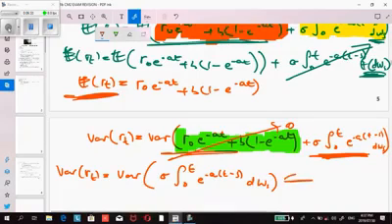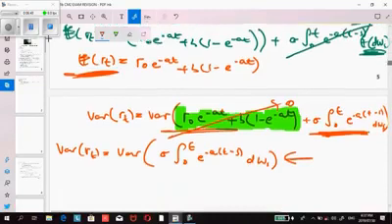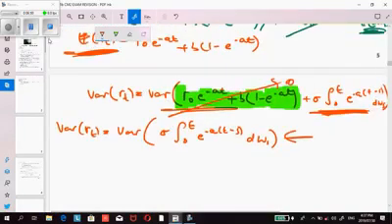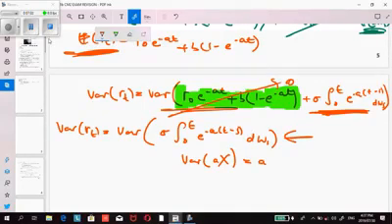Now this is the tricky part, which please remember and don't forget. I'm begging you, I'm going to explain it now. Remember from your basic actuarial studies that the variance of aX, where a is a constant and X is a random variable, is equal to a squared times the variance of X. So you take the a out, but you have to square it.